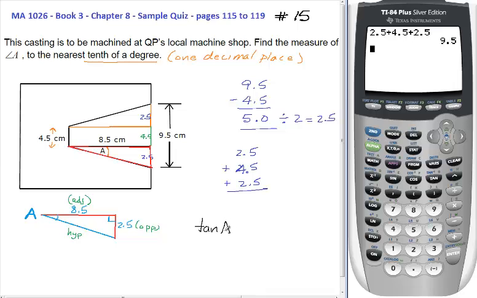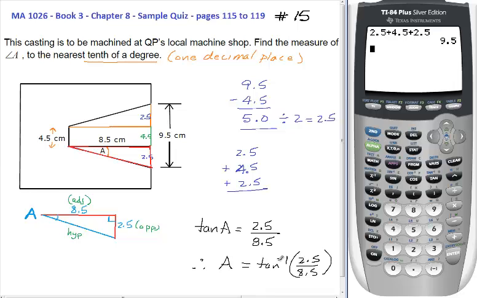So write the tan of angle A is the opposite side, which is 2.5, divided by the adjacent side, 8.5. So you must use tan here. Now if that's the way we write it, then angle A must be the inverse tan of 2.5 over 8.5.